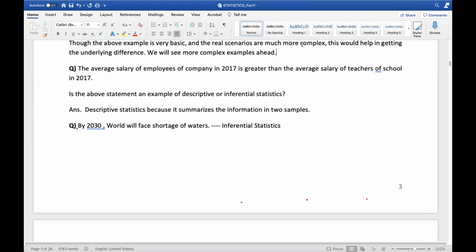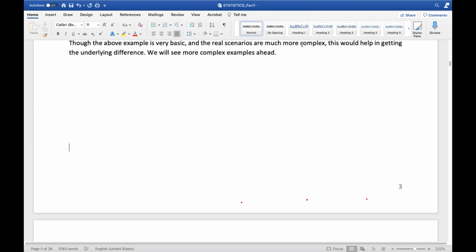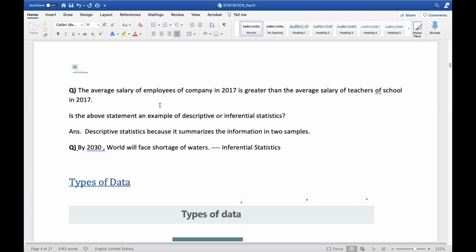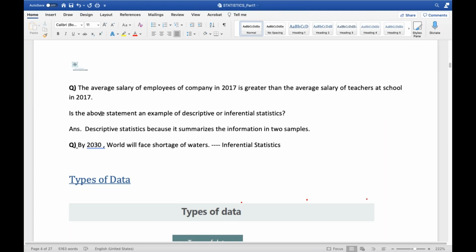Actually, let's do some questions over here. The average salary of employees in 2017 is greater than the average salary of teachers at schools in 2017. So can you give me the answer? Is the above statement inferential or descriptive? Observe carefully.